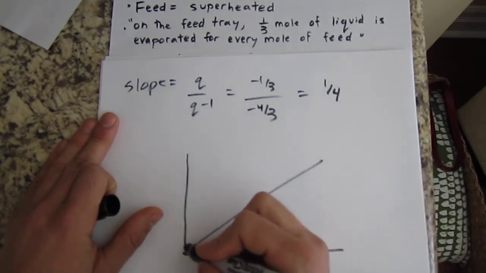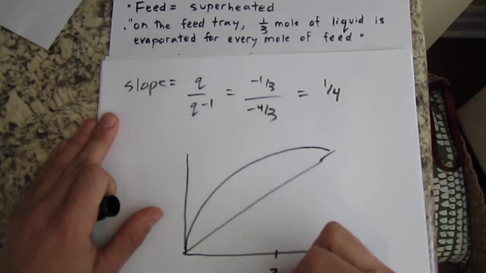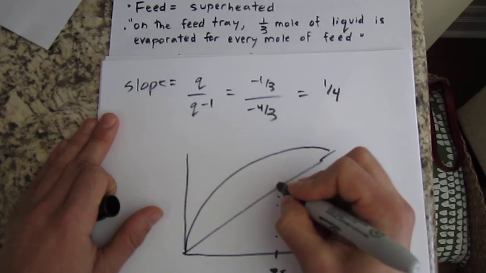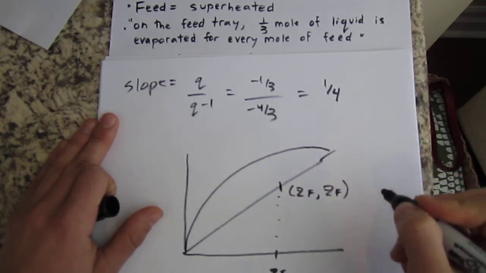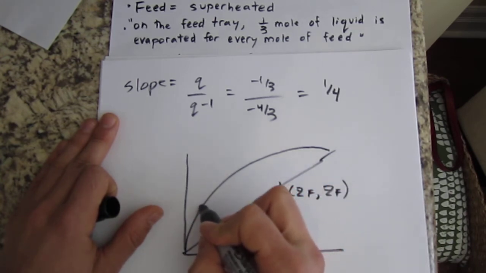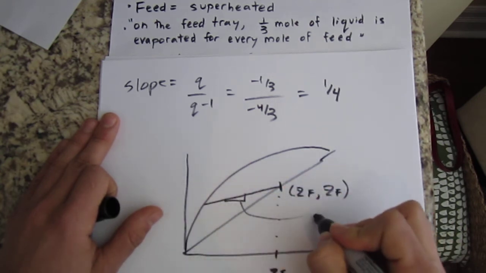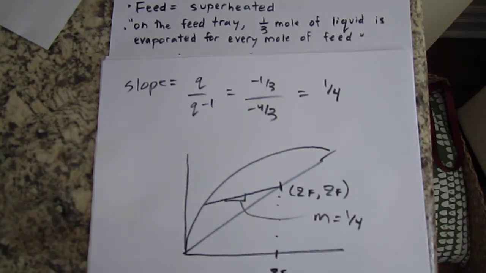But if you're given equilibrium data like this, you have to find ZF. And that's where it starts, at ZF on the diagonal. And then you just draw the slope that you just found. So it's a straight line. In this case, it's got a slope of 1/4. And that is how you drew the Q line for the exam question.